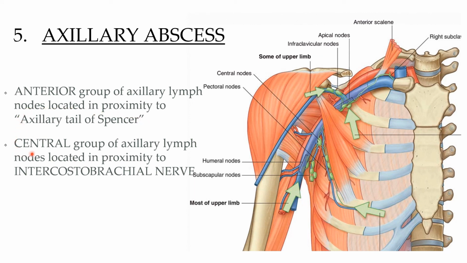Likewise, the central group of axillary lymph nodes are located in close proximity with the intercostobrachial nerve, which provides cutaneous innervation over the floor of the axilla and the upper part of the medial surface of the arm. Because of enlargement of the central group of axillary lymph nodes, compression of the intercostobrachial nerve may occur, and this may result in paresthesia over the floor of the axilla and the upper part of the medial surface of the arm.